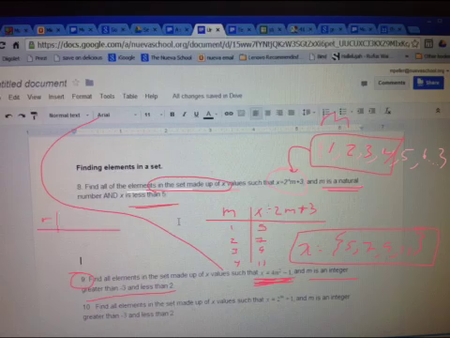Our m values are going to be, well, greater than -3, so -2, -1, 0, 1, and less than 2, so we stop. And then to generate our x values, we're just going to be plugging these m values into this equation to get what x is. And I'll let you do that one.